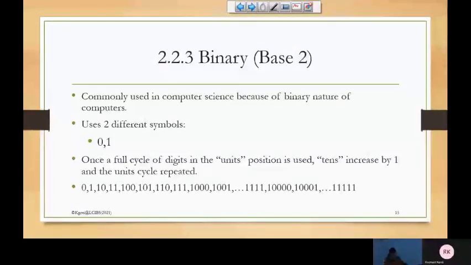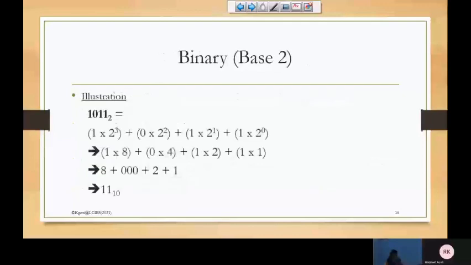So in this case, if you've got 1, 1, it's more like you have 99. The next number that comes after 99 is 100. Or in this case, after 11 is 100. So binary numbers are also used a lot in computing, mainly because of the nature of computers. Computers work on a binary system.